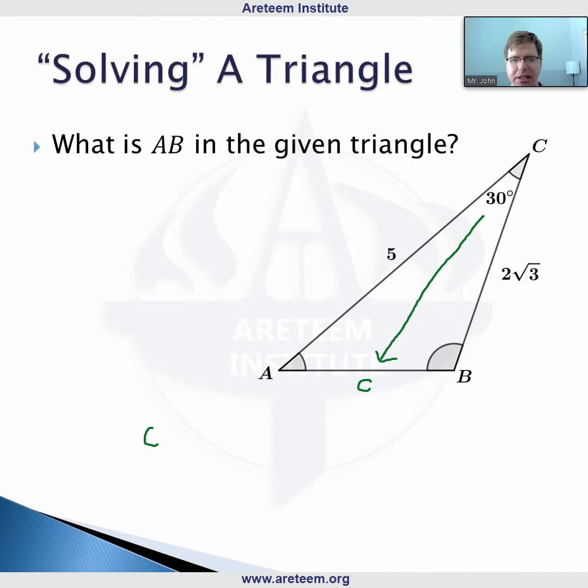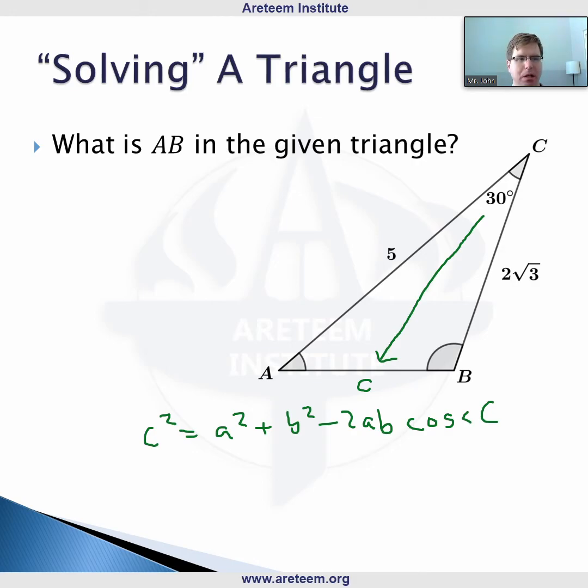So we have our c squared is a squared, just what we had on the previous slide, plus b squared, minus 2ab cosine of angle C in this case. So this is our law of cosines, and it's going to allow us to find that missing side length here.